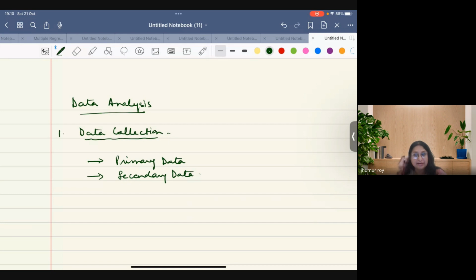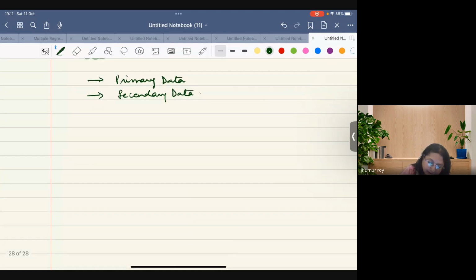Primary data is data which is collected first hand by a person. Secondary data is data which has been collected by different people, and you are using it for the purpose of your research. Now, when we talk about primary data collection, we have many methods of data collection.